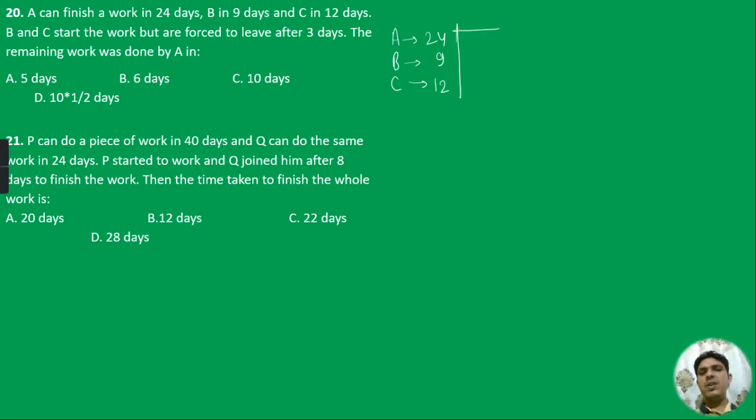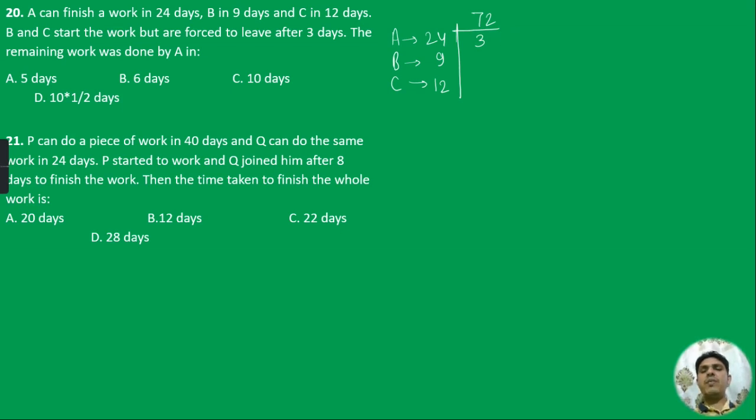So students, first of all find the LCM of these. If we check, the LCM will be 72, right? The 1 day work of A will be 3 units per day.